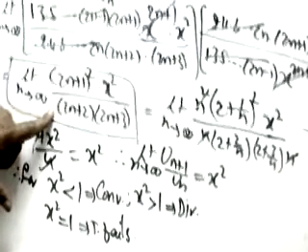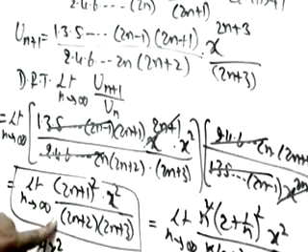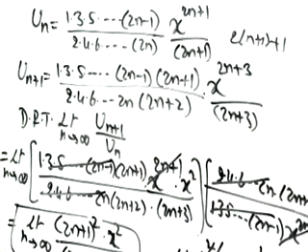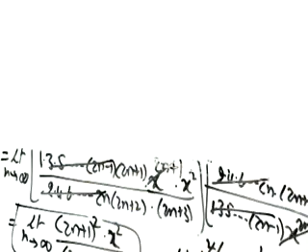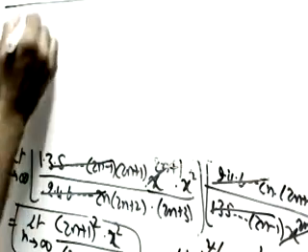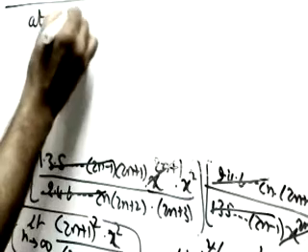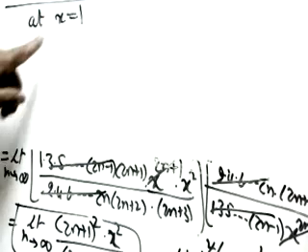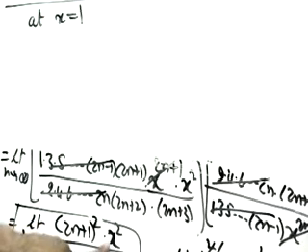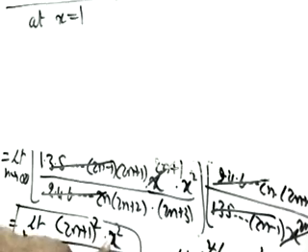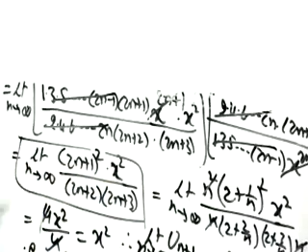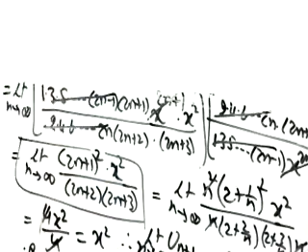Okay, so at x equals to 1, I'm writing here, watch carefully. We have to find x equals to 1 because the ratio test just failed. So if x equals to 1, what is left here?